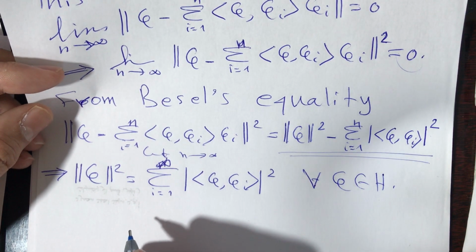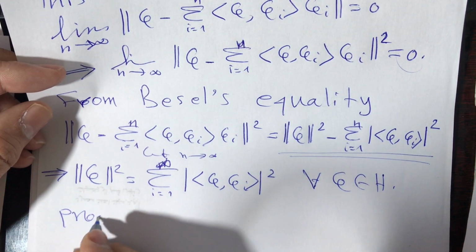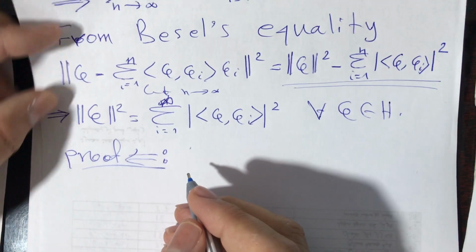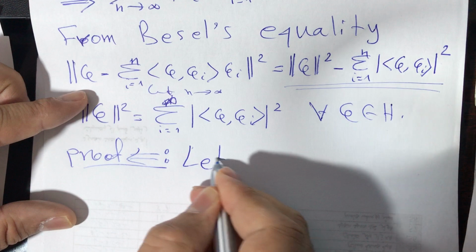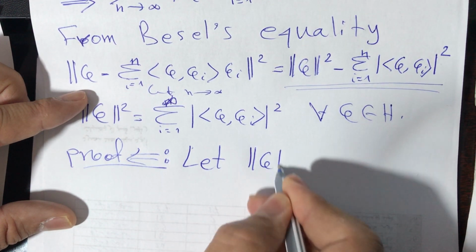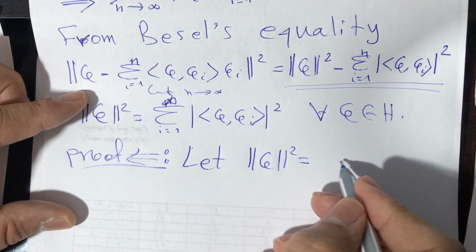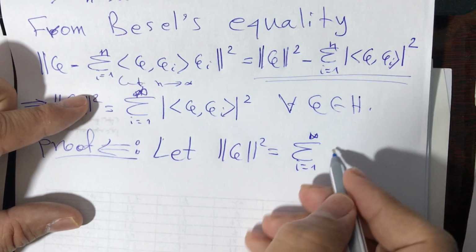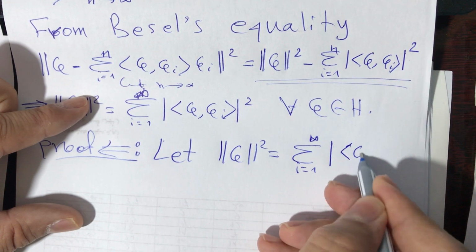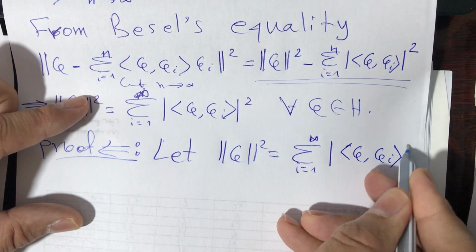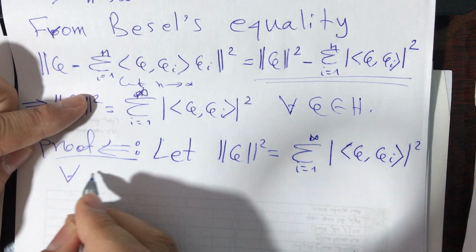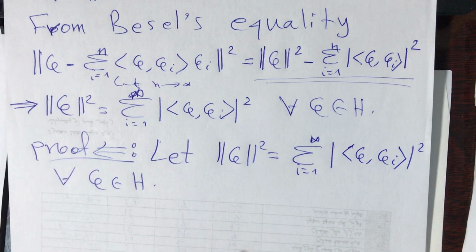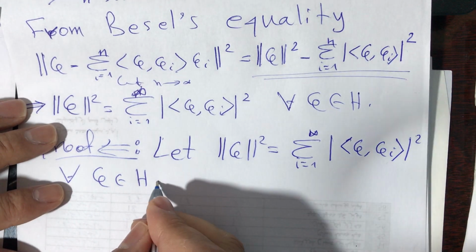And the second direction, proof. Let the norm of phi squared be equal to the summation i from 1 to infinity of the absolute value of the inner product of phi and phi i, squared, for all phi belongs to H. We have to show this sequence is complete.